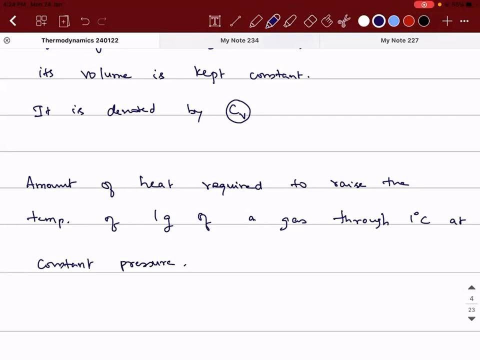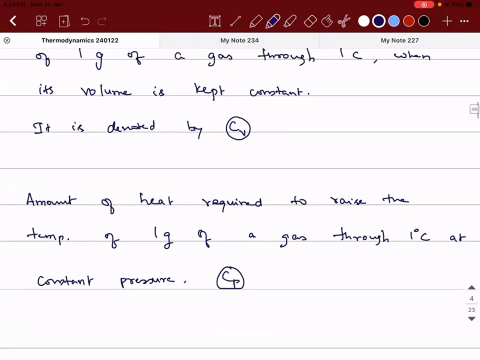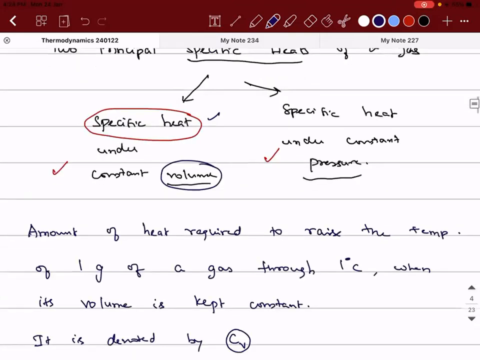Generally it is represented with Cp. I'll come to that point as I told you. Right. Generally, when you talk about the gas, there is one more important point that we need to have in our mind.